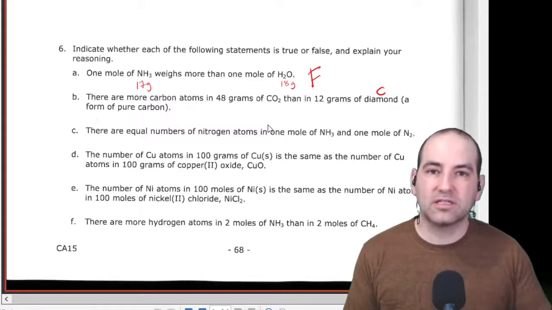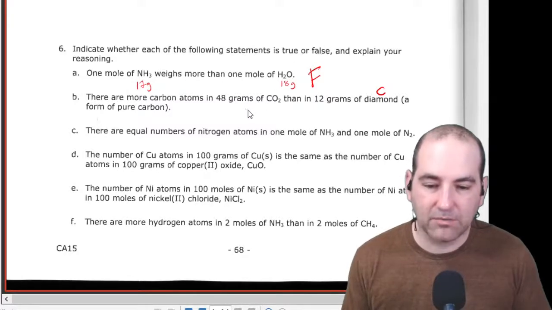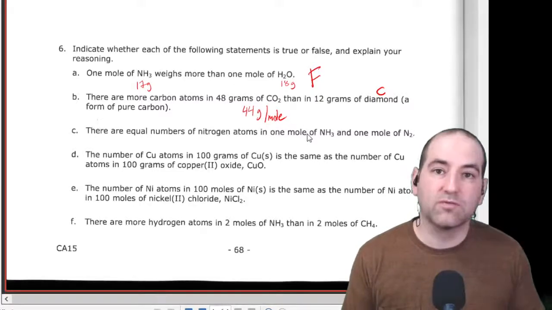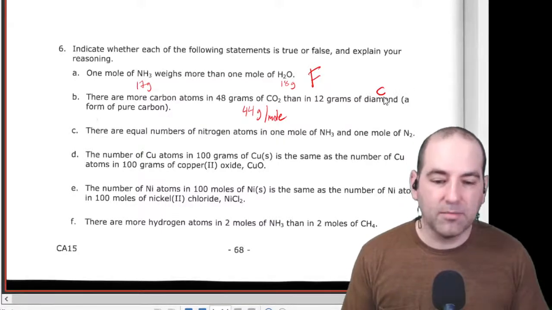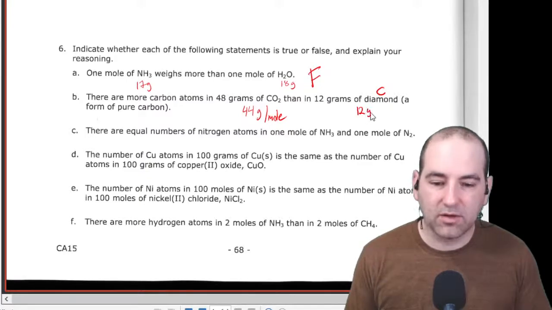There's 2 of them, so that's 16 plus 16 plus 12, which is 44 grams per mole. So each mole of carbon dioxide weighs 44 grams. That's just what we did up in A also. Then for carbon, if it's just pure carbon, that is 12 grams per mole.